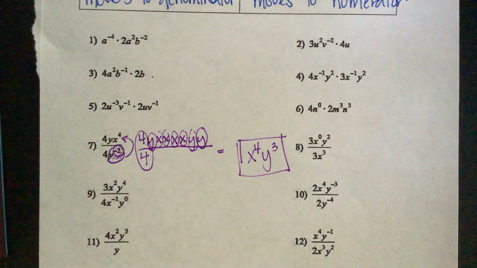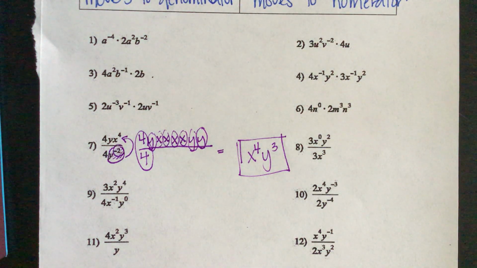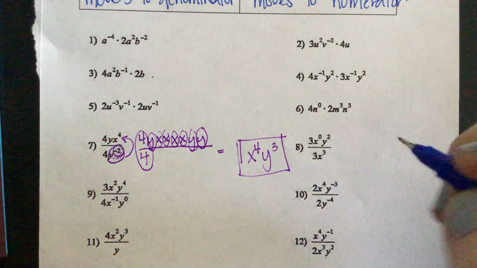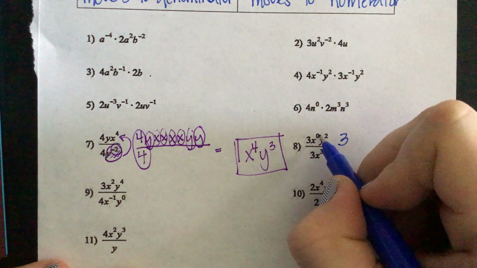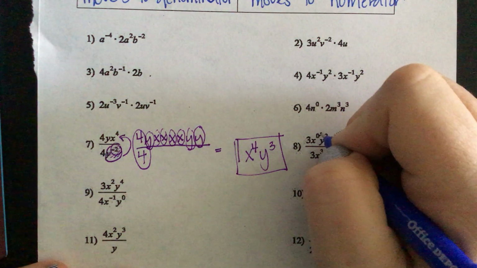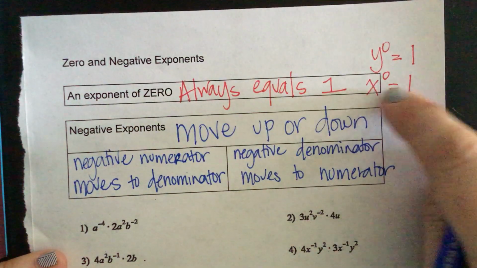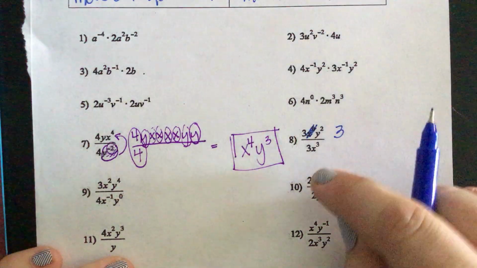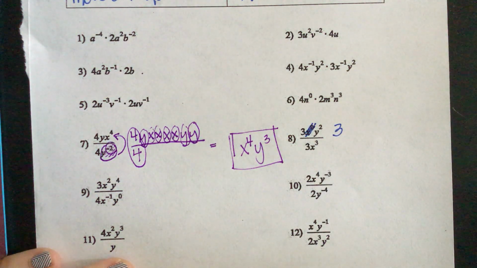Let's try another one. Let's do number 8. So I have 3, and then I have x to the 0, and x to the 0 is the number 1. It disappears. x to the 0 is the same thing as 1. I don't need it because I've got a 3 there, so x to the 0 just cancels out. It's gone.